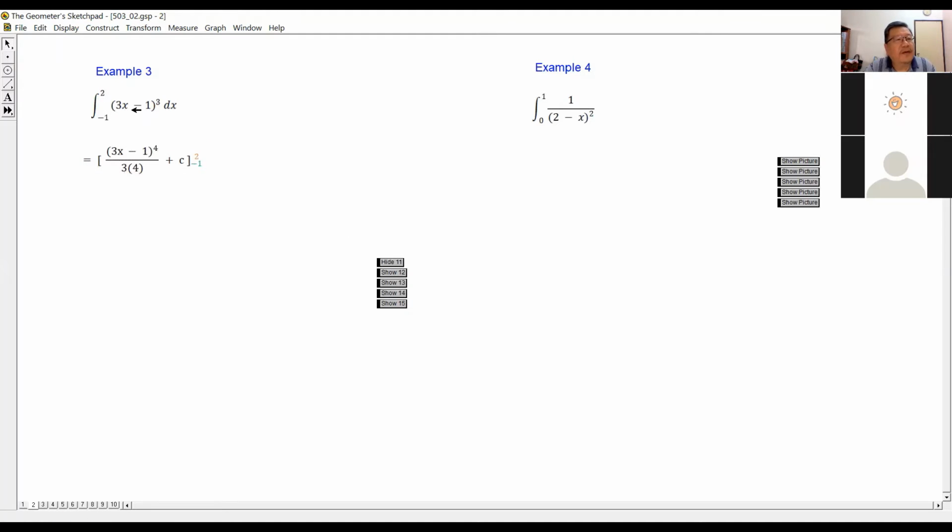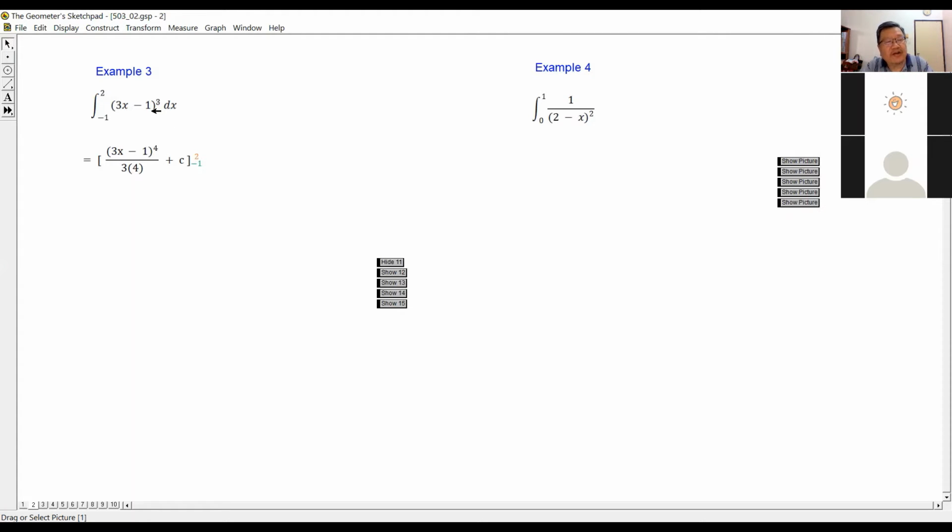First of all, in order to use the formula, the function inside the bracket must be linear. Linear means ax plus b, so there's a number in front of the x, then behind you have another number.